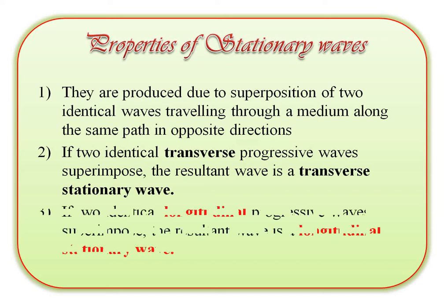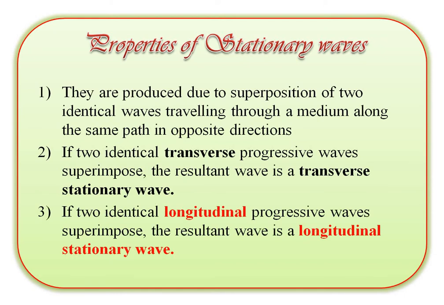Similarly, if two identical longitudinal progressive waves superimpose, that means interfere with each other, the resultant wave is a longitudinal stationary wave. Let's see another property of stationary waves.